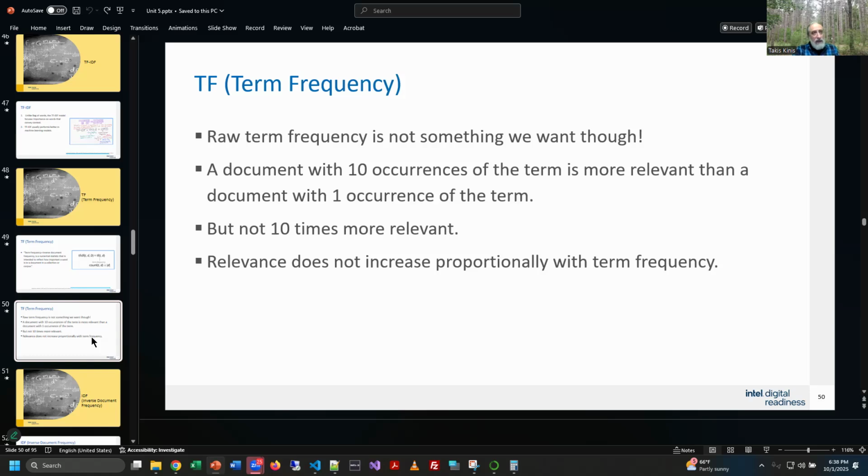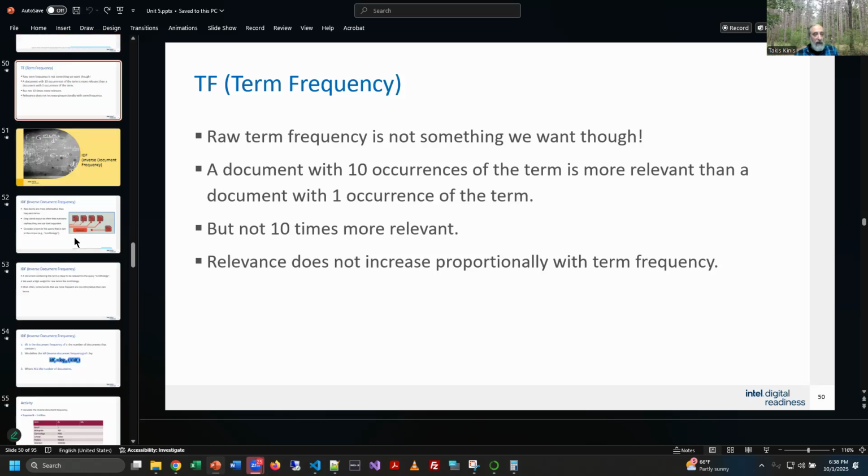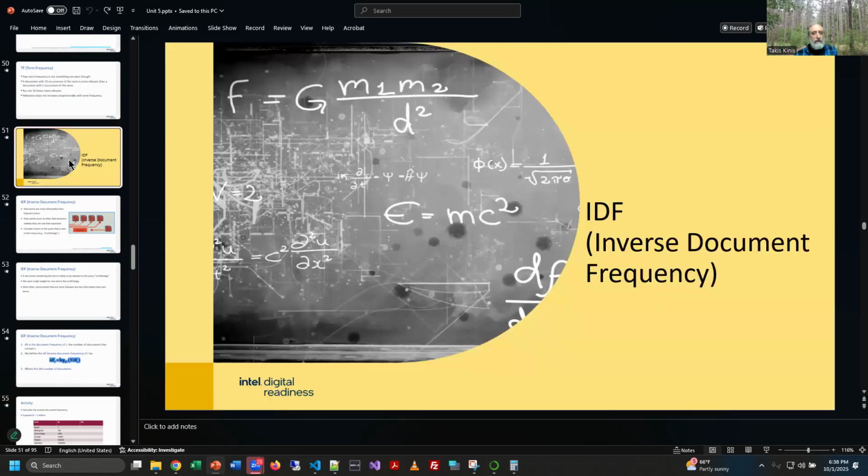And if I read the Dallas newspaper, they might mention the Packers once. They might just say the other team, the opponent, that kind of thing. It doesn't make the phrase Green Bay Packers less relevant, though. That's my point. We're still talking about the same thing. So relevance does not increase proportionally with how often a word happens, and I think that's pretty intuitive.